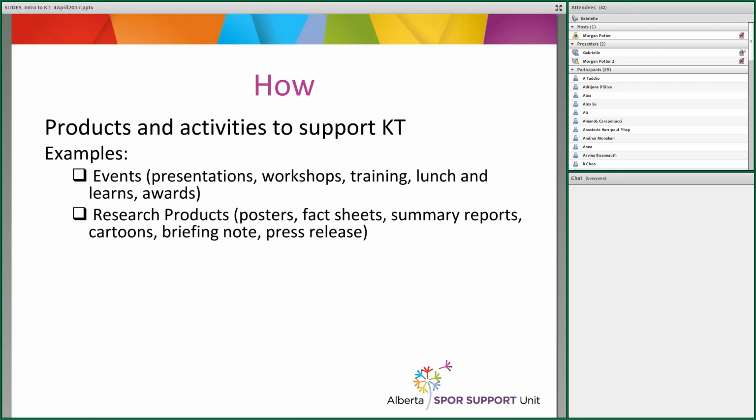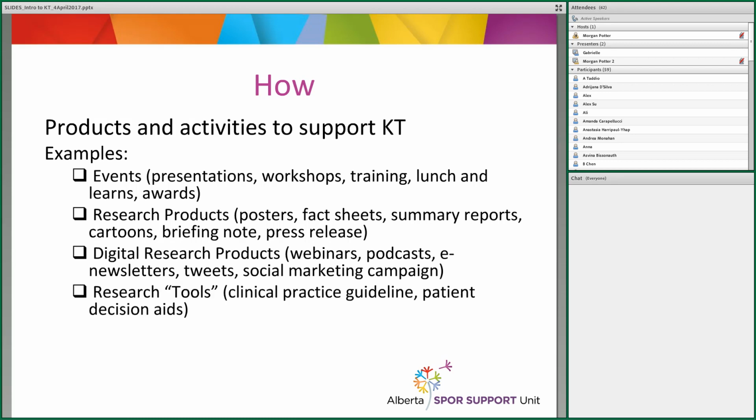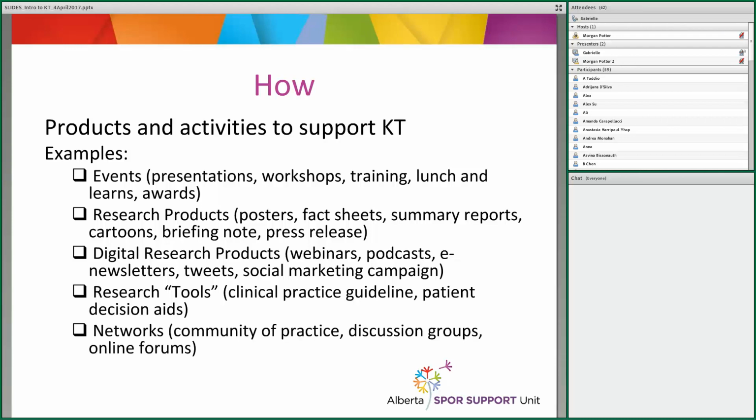You might get greater reach with certain strategies, but less direct interaction. And you need to assess whether two-way communication is going to be important to meet your KT goals, instead of it just being a push form of getting the information out there. And it's important to tailor the products and the activities to your target audience needs, as we mentioned.